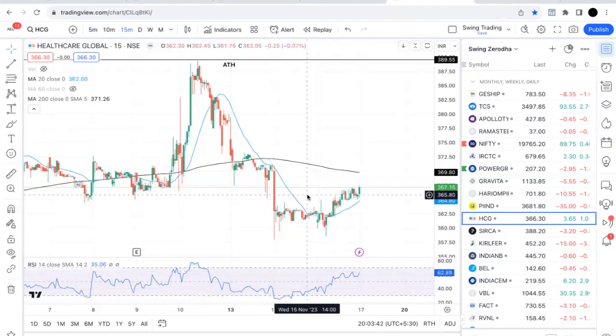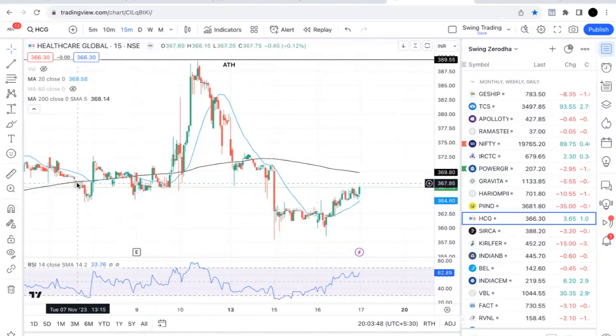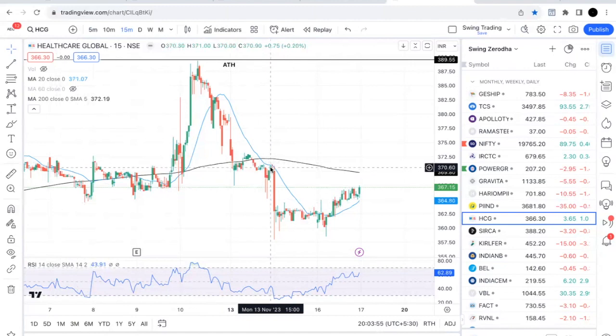Okay, so I hope you saw the three different entry points. One is where the price moves away from the 20 and you're expecting it to move back. The other one is where the 20-period moving average and the 200 are close to each other, and the 20 is rising.